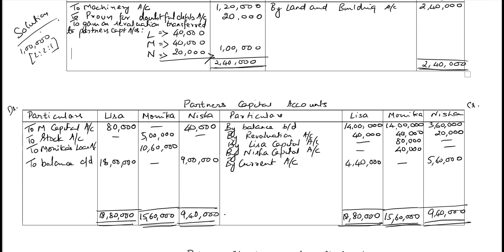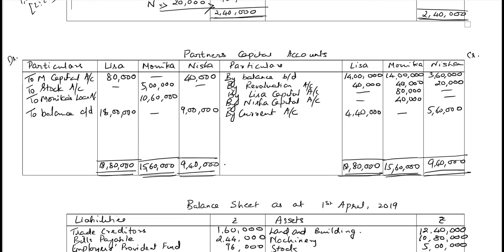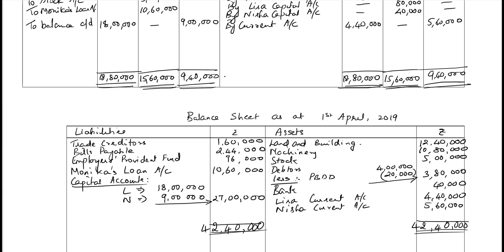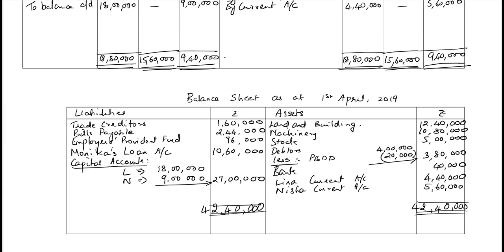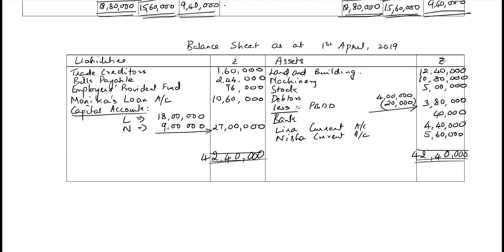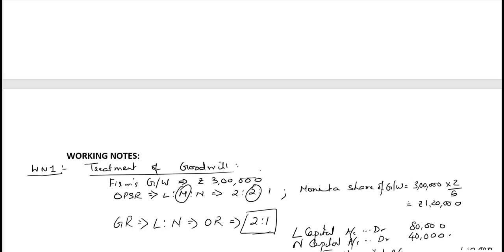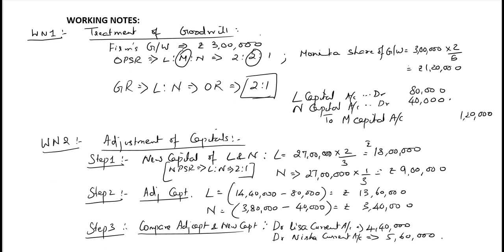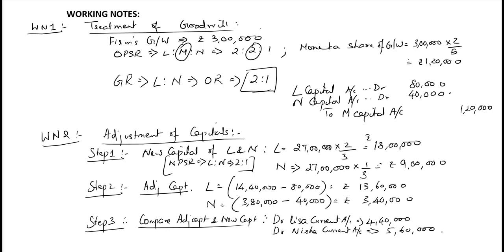Next was the partners' capital accounts, followed by the balance sheet and the working notes. The first working note for treatment of goodwill, and the second working note for adjustment of capitals.